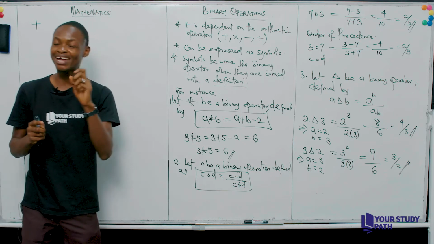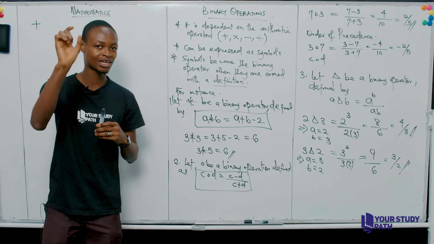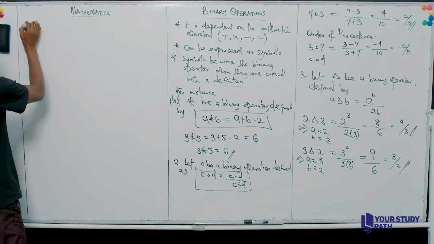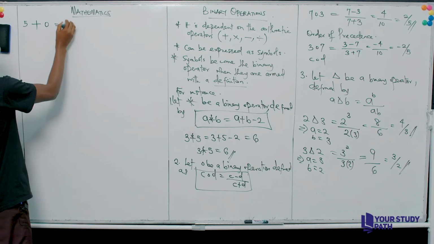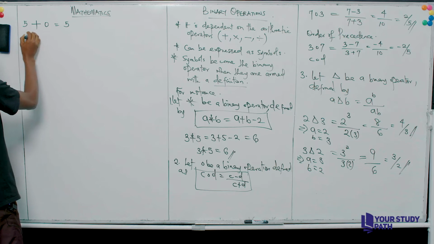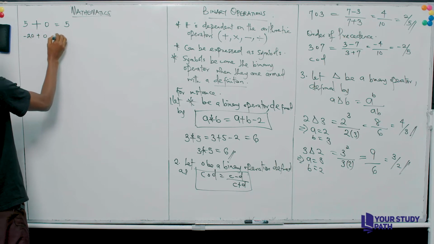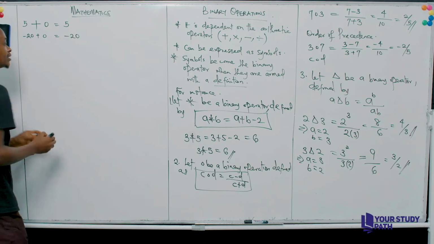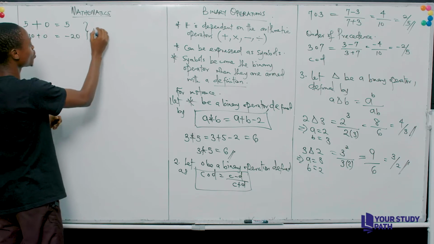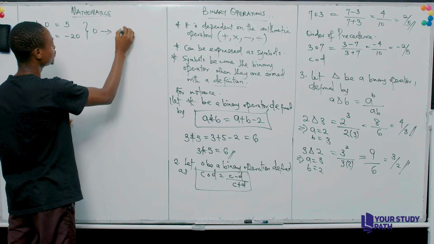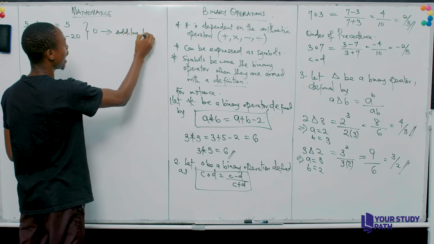And the additive identity, in fact, is the number 0, such that if you were to take 5 plus 0, you will still get 5. If you were to take minus 20 plus 0, you will still get what? Minus 20. So we call 0 the what? The additive identity.